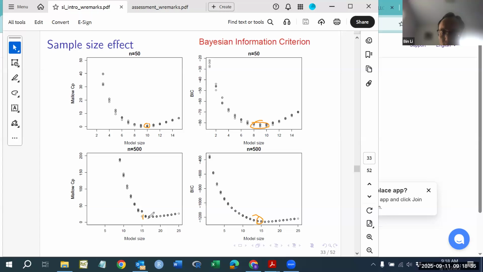So the simple message is that I use these criteria to select the best model. The smaller the better. What is the horizontal axis? The horizontal axis is the model size, that is, how many variables the model contains. And why do we have multiple points for the same model size?